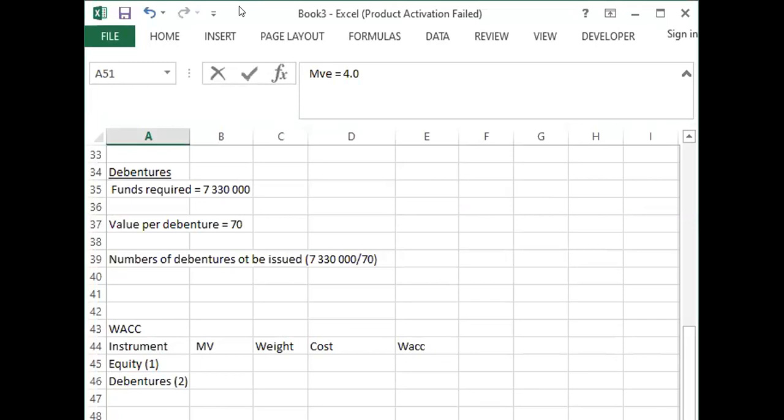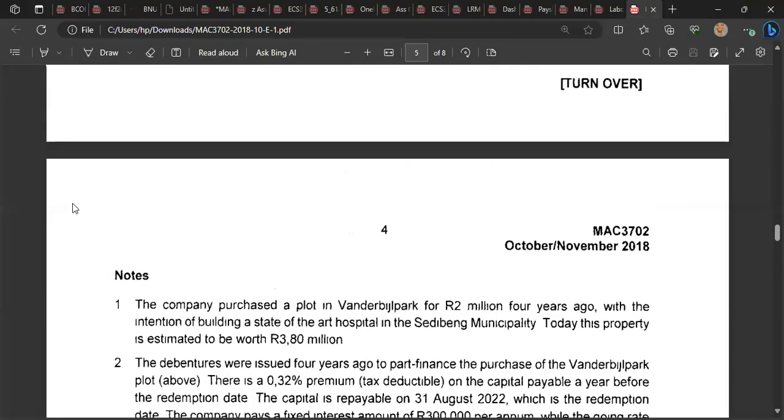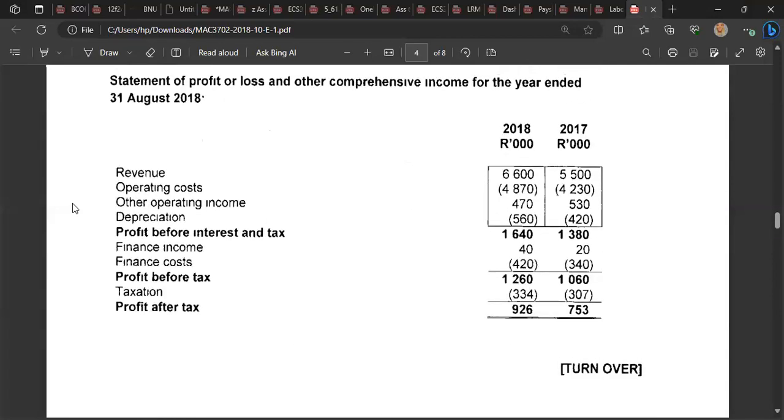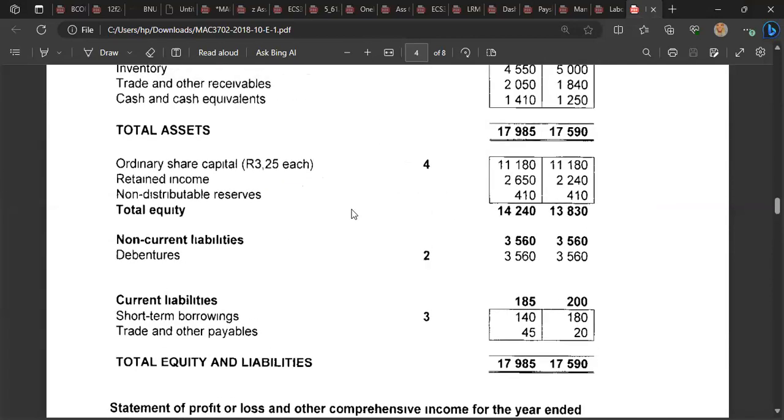So 4.05 times, what do we need now? We need to know the number of shares, right? Now that we know the value per share, we need to know the number of shares. So we don't have any information there on note 4, but we are told that the book value is 11,180, right?